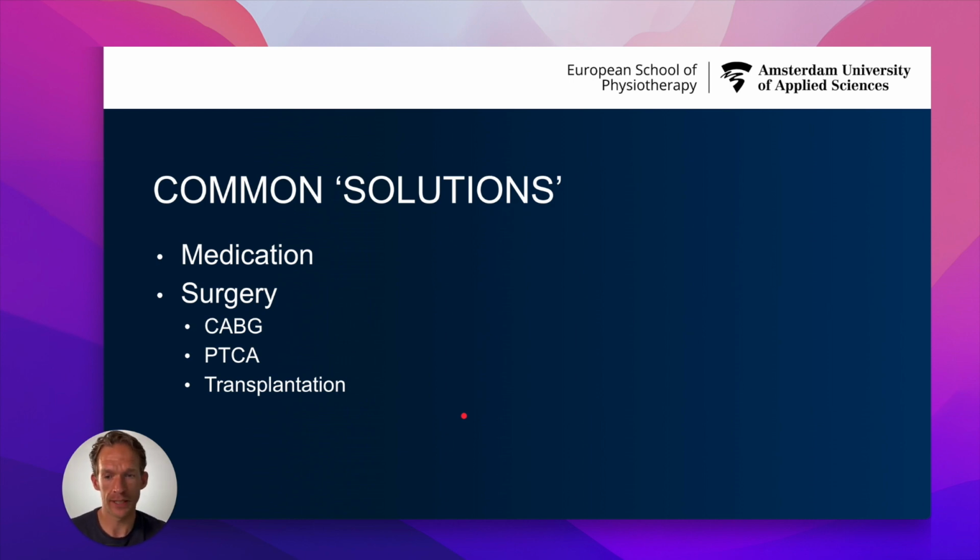So CABG, coronary artery bypass graft, is a bypass in short that will just bypass any obstruction in order for the surgeon to bypass the obstruction and have the area that was short or deprived from O2 to still get O2 delivered through this bypass. PTCA is percutaneous transluminal coronary angioplasty.